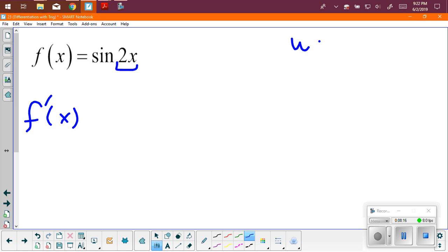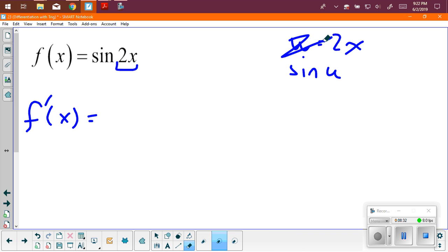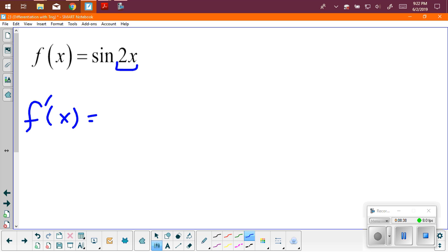If I let u equal 2x, what I really have here is sine of u. So if I want to do the derivative, I do sine of u, get that, and then do the derivative of the inside. I'm not going to write that out here, but that's the idea. My outer function is sine, and my inner function is 2x.